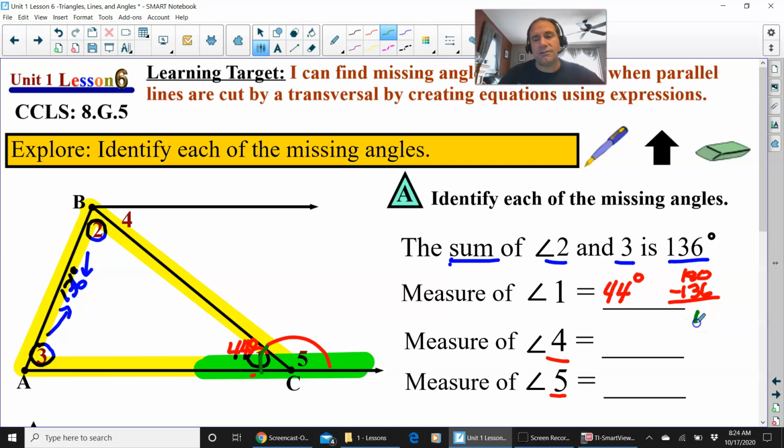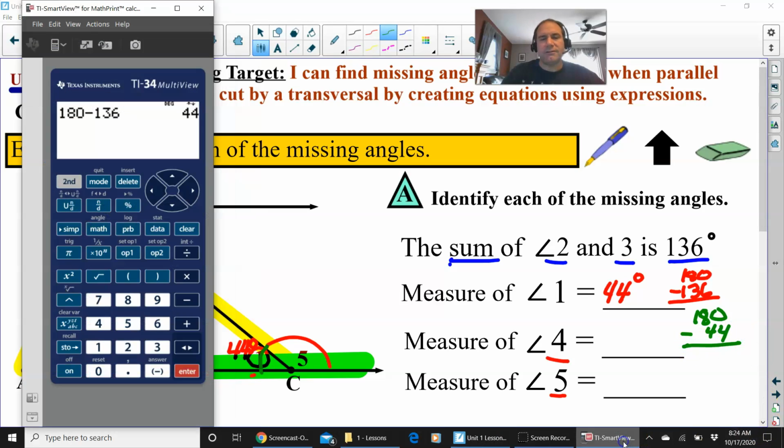Well, if you said 180 minus 44, and then you take your calculator and do that, always have your calculator by your side, it's really important. It's 136 degrees, so I'm going to write that down as 136 degrees.